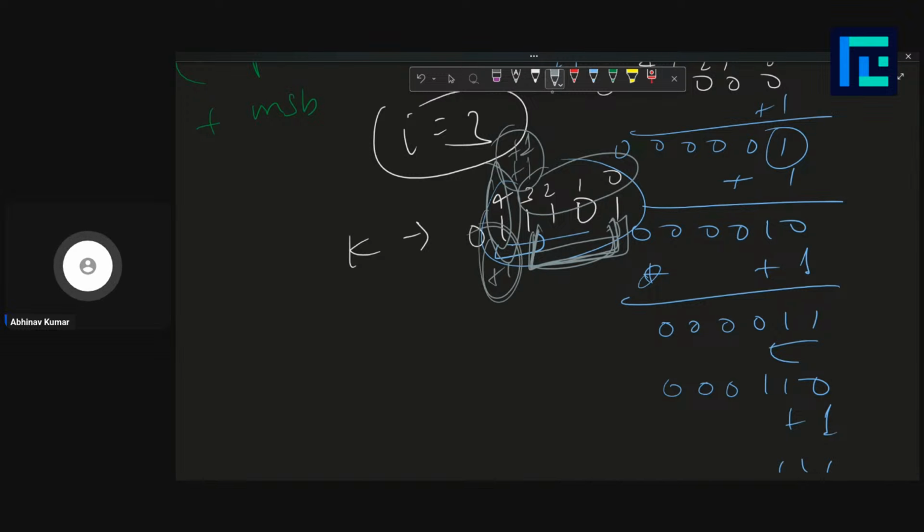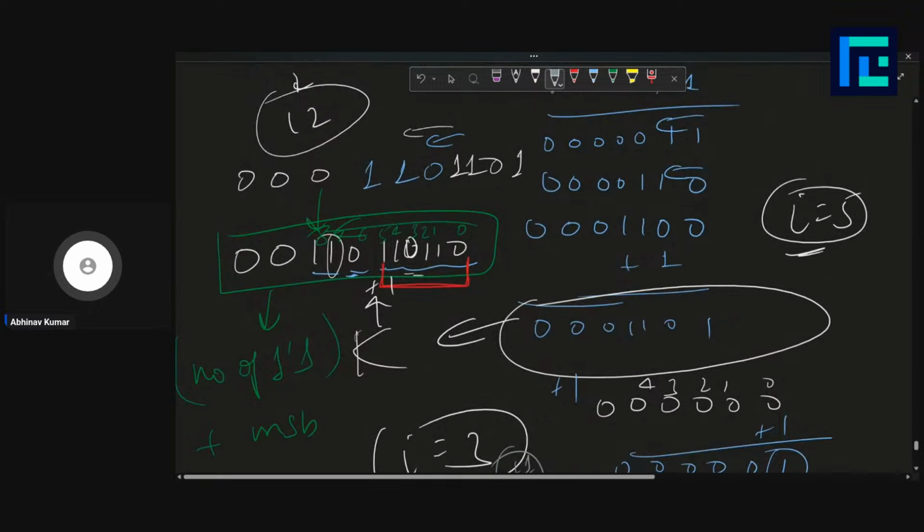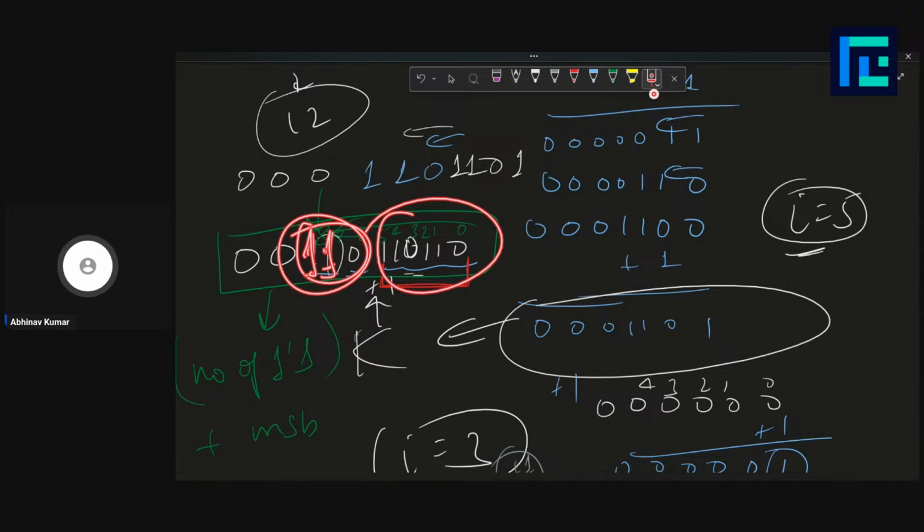So apart from the first I indices, for the rest of the indices, whenever you have a bit value 1, it would contribute as if you are doing plus 1 here.